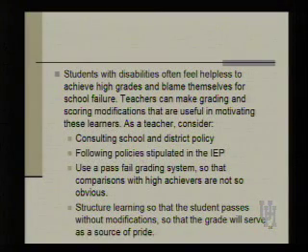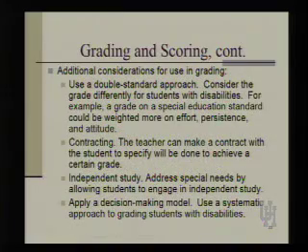Sometimes a pass-fail grading system can be useful so that the comparisons between high achievers and low achievers are not so obvious. And sometimes we can structure learning so that the student passes without modifications. We just become better teachers so that they make wonderful grades without modifications. And certainly in this case, grades serve as a great source of pride for the student.